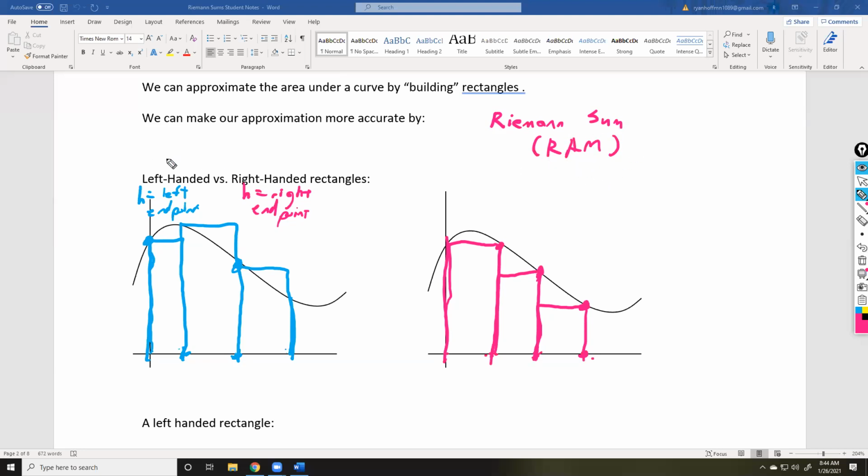The left-handed rectangles, if we use the left endpoint as our choice for all of them, that's going to be called LRAM, or a left Riemann sum. And if we choose all the points on the right, this is going to be called RRAM, or a right Riemann sum.